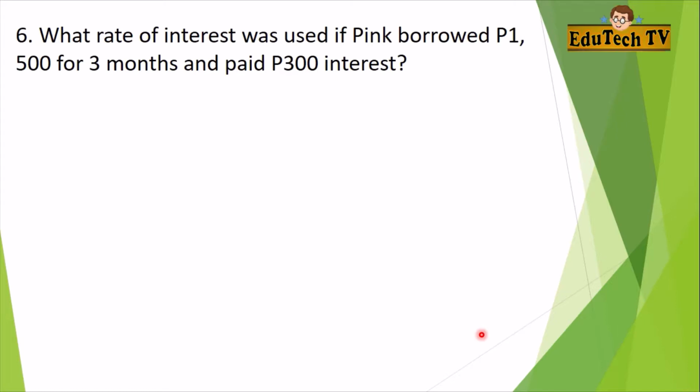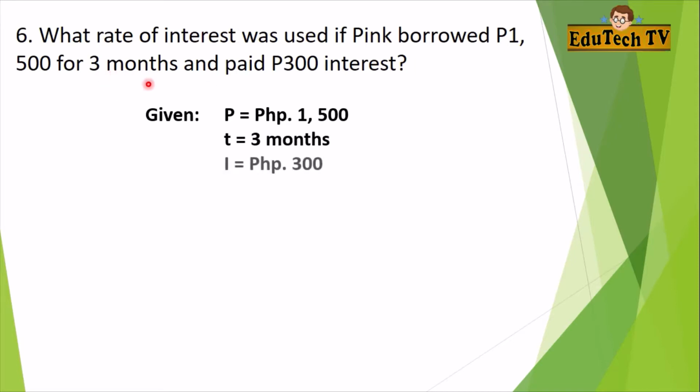Next, number 6. What rate of interest was used if Pink borrowed 1,500 for 3 months and paid 300 interest? Of course, the given here: the principal is 1,500, the time is 3 months, and the interest is 300.